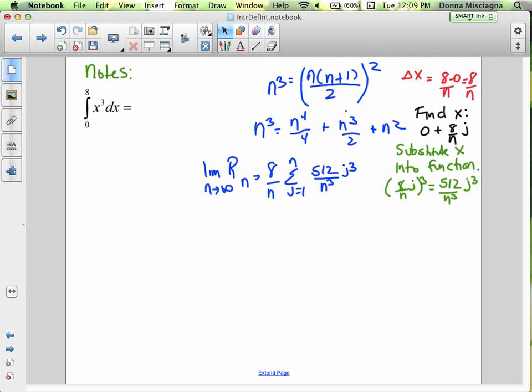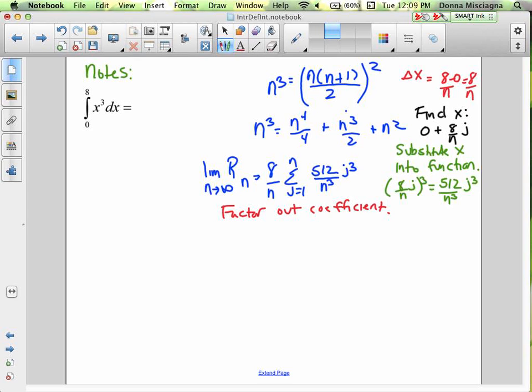We can now factor out the coefficient. So that would be the limit as n goes to infinity, R subscript n equals, we can factor out the 512 and the n cubed. So 8 times 512 is 4,096, I believe, over n to the 4th times sigma, j equals 1 to n, j cubed.